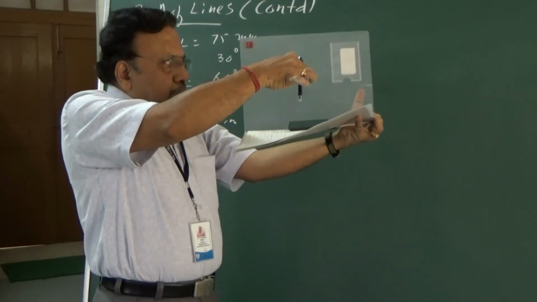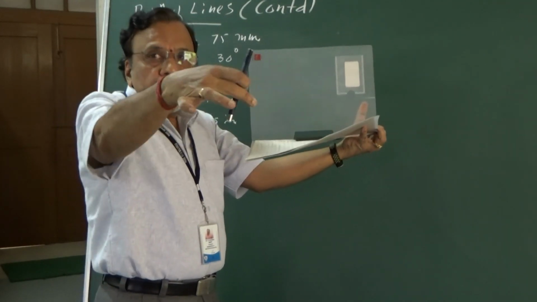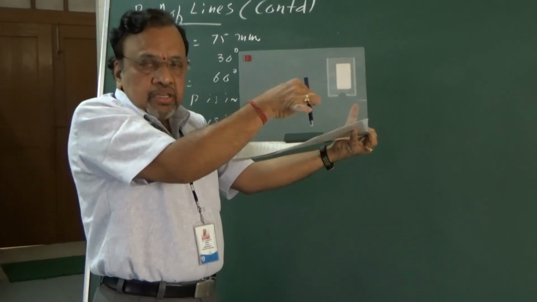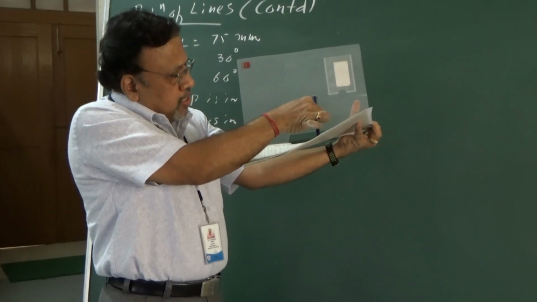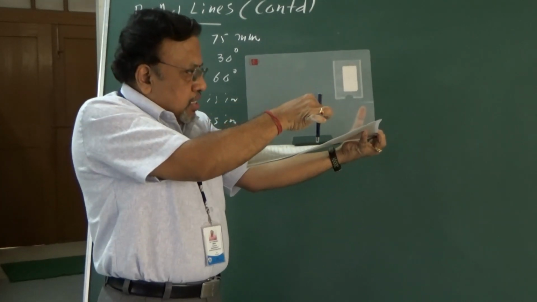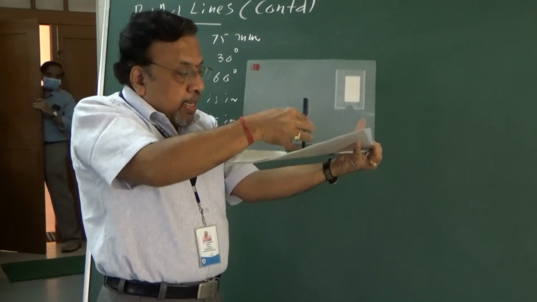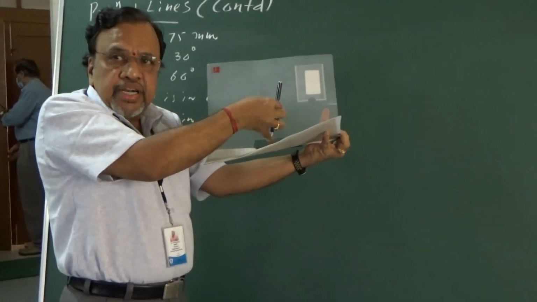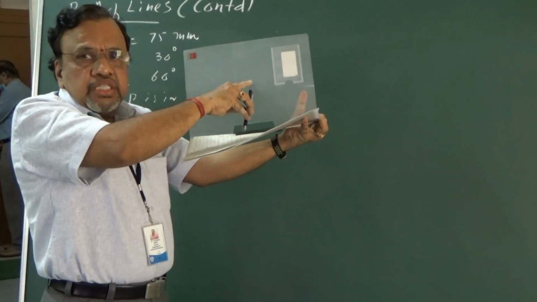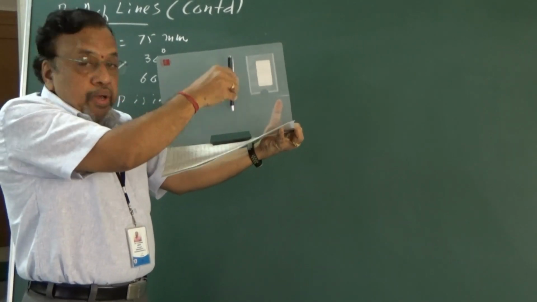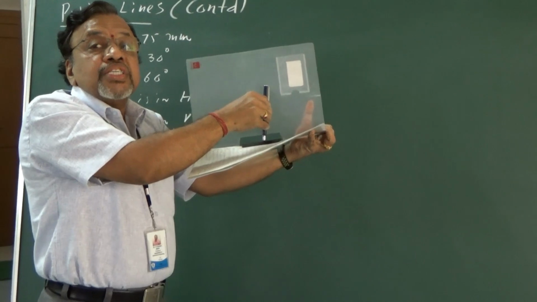Now, since the line is like this, how does this line look if I look from the front? Once I look from the front, since the sum of the inclinations is 90 degrees, this particular end will be in the XY line itself, and this end will be here, that is in the VP, so that if I see from the front, the final projection will be perpendicular to the XY line.